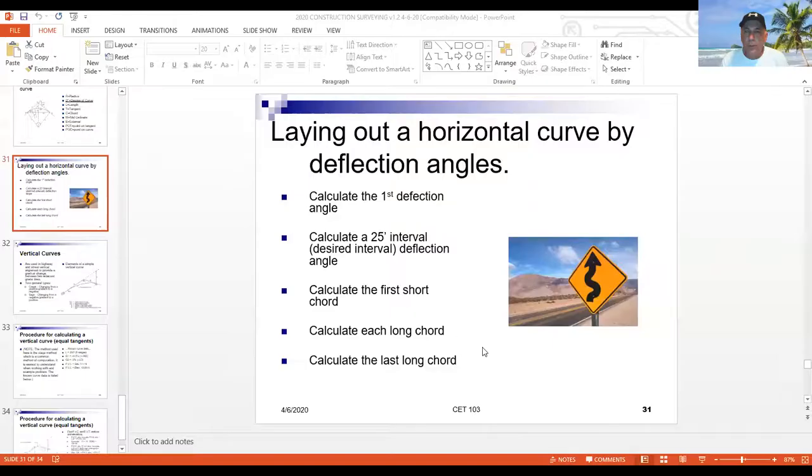So let me go ahead and start out with the slides. I'm going to start out by calling up the first set of slides on construction surveying. You guys have already had a chance to look at these, so I'm going to pull them up here, and as I said, I did edit them, so I encourage you to go back on and see the information with the new edits.